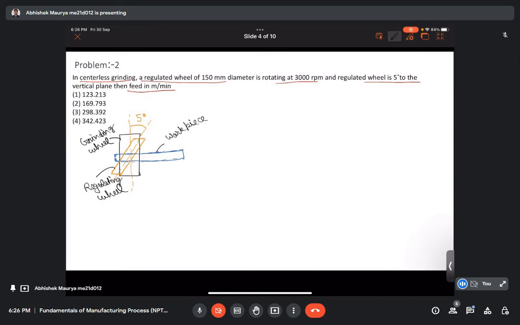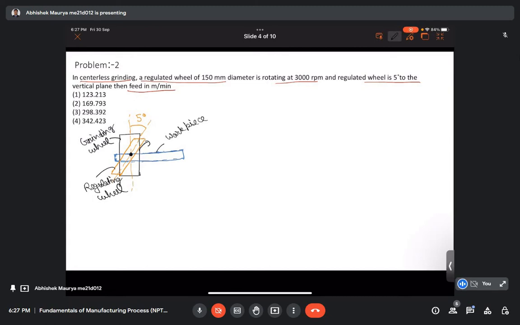If we just see this point where our regulating wheel is coming in contact with the workpiece, what will be happening there? Our regulating wheel is rotating with some RPM like this.